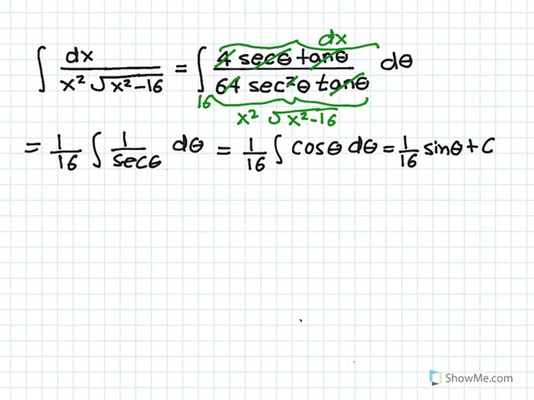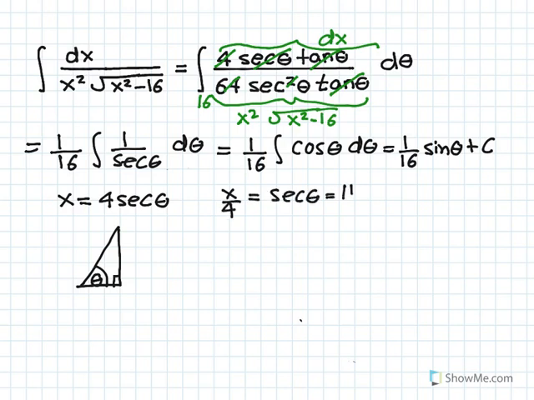The trig substitution that we're using is x is equal to 4 secant theta. So let's draw a triangle. This will be our reference triangle, a right angle triangle. Here's theta. Secant is hypotenuse over adjacent, so x over 4 is secant theta.